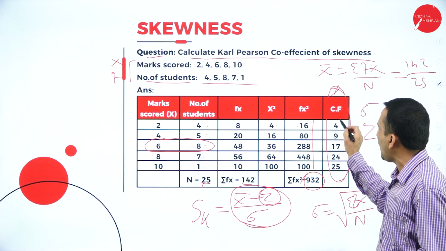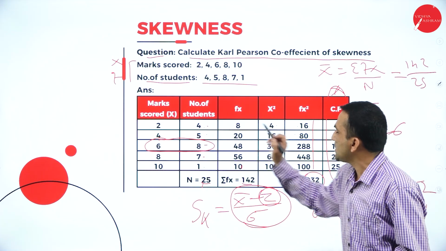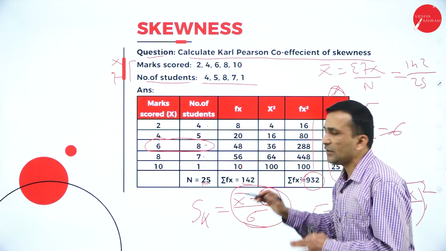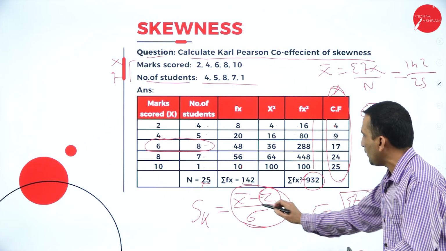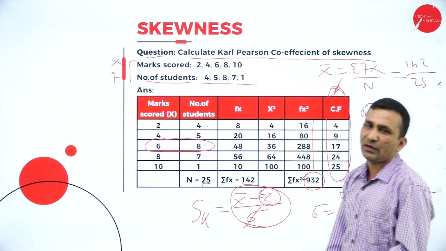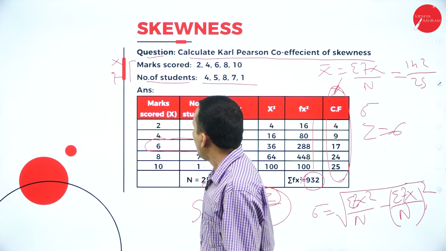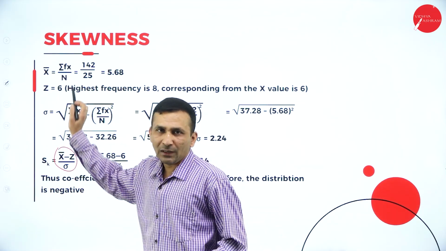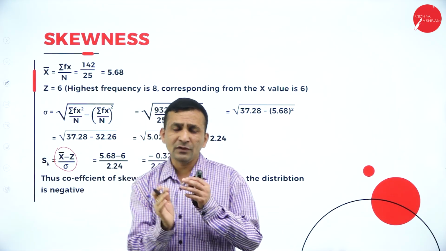How did we convert? The first frequency 4 as it is, 4 plus 5 is 9, 9 plus 8, and so on. It is of no use here because we can get the whole formula, but I converted it just for your understanding of cumulative frequency.